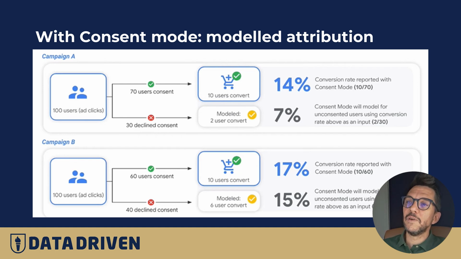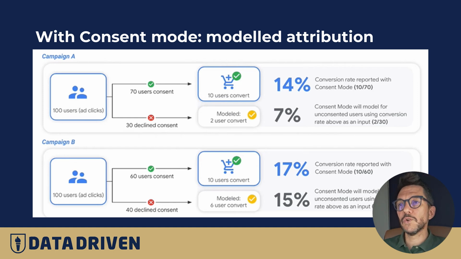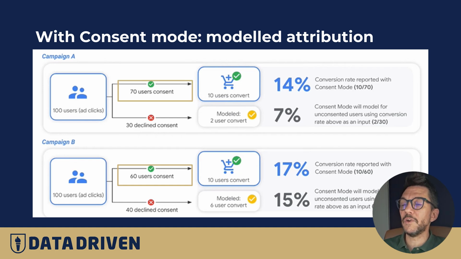But if we go deeper into the detail that Google wanted to explain in this presentation, they say that with advanced consent mode implemented, they will be able to model these 30 people who declined consent, and if they had a 7% conversion rate, then compare this campaign to campaign B, where fewer users give consent at the beginning of their session: 60 users gave consent versus 40 who declined, while in campaign A we saw 70 to 30.